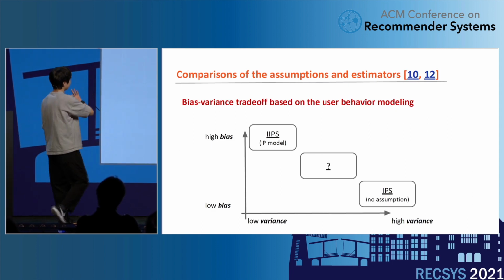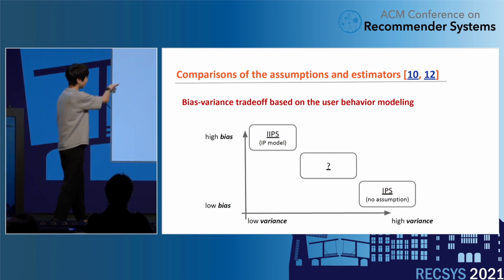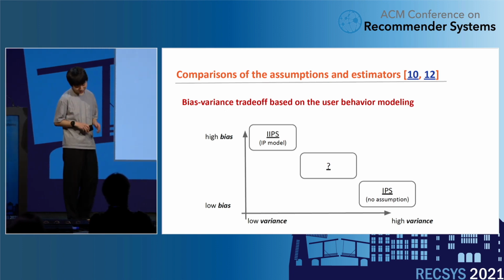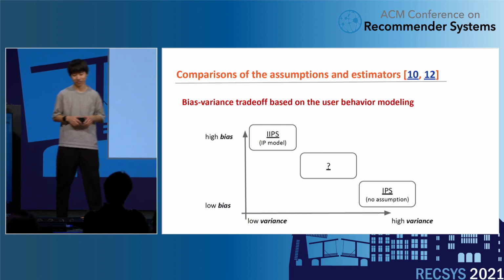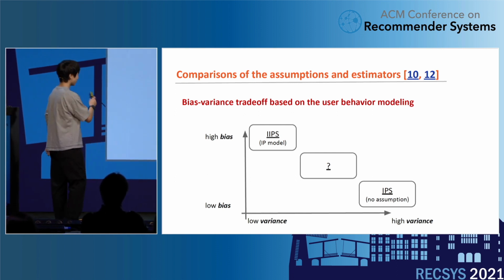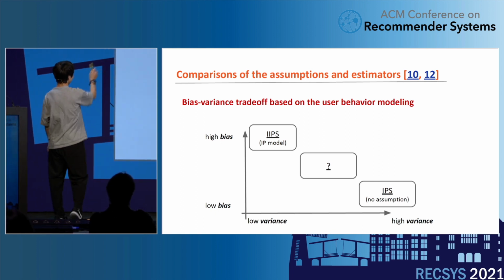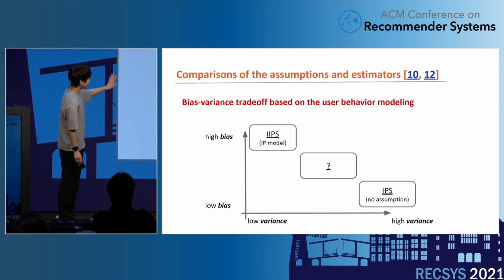And here's a view. We now have two extreme estimators. One is the vanilla IPS, which does not use any assumption, meaning that this estimator is universally unbiased if we know the true logging policy, of course. But the problem is that it could have huge variance, right? The other extreme is the IIPS estimator.